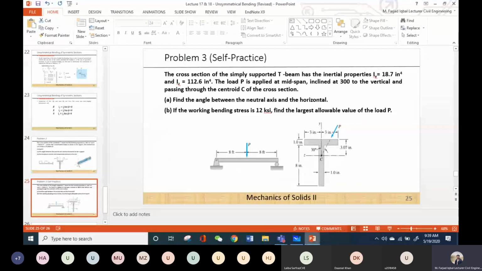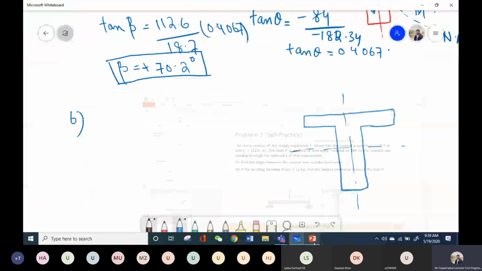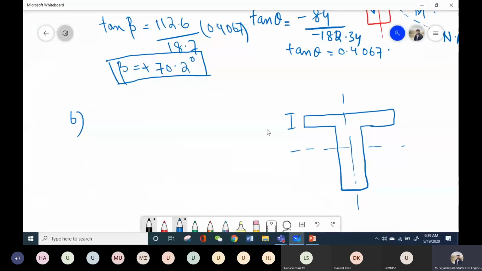So this is my cross section with the dimension: this dimension is 1 inch. This dimension is 8 inches. This dimension is 3.07 inch. This dimension is 3 inches. And this dimension will be 3 inches.